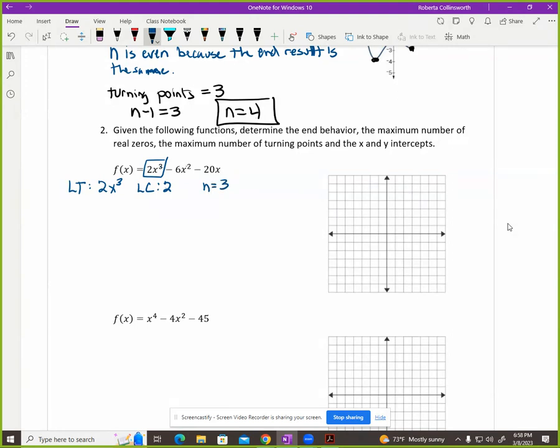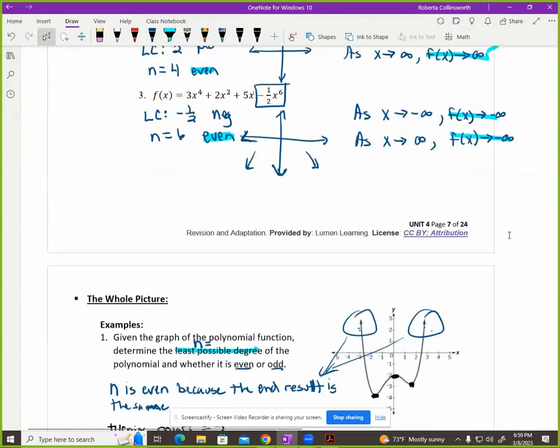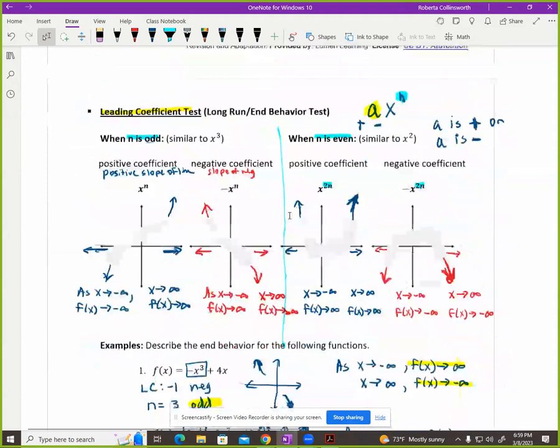So now we know some stuff about our leading coefficient and our highest exponent value. This leading coefficient is positive, and this highest exponent value is odd. So a positive odd function is going to look like this.